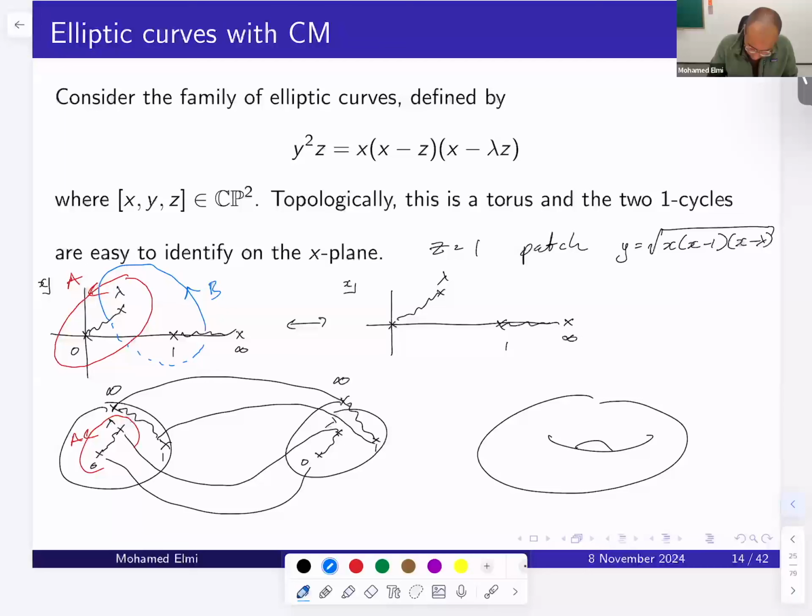And when you cross this branch cut, you end up on the other copy. That's what these dashes are telling you, like you're on the other branch. So this A and B cycle will only intersect once. And that's kind of obvious when you think about it on this picture. This is terrible.